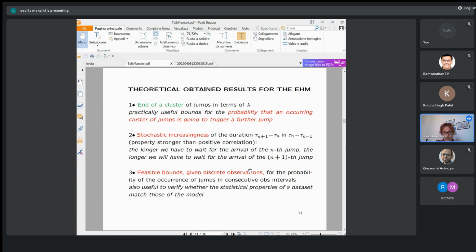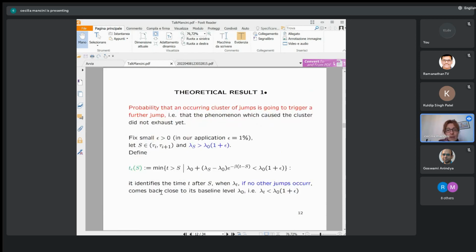Accounting for these errors, we found bounds for the occurrence of jumps in consecutive intervals. These can also be used, as we also did, to check whether our model matches correctly the empirical data. Okay, so I start illustrating the first theoretical result, and then we will see if I will have time to go on.